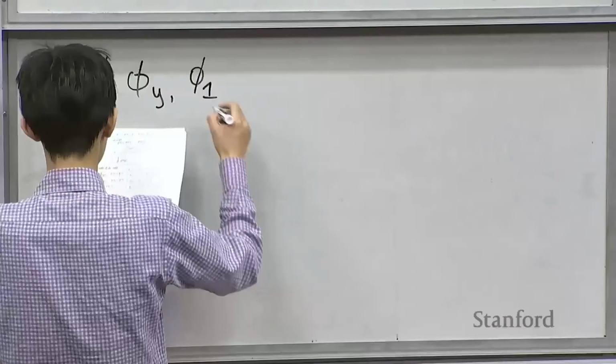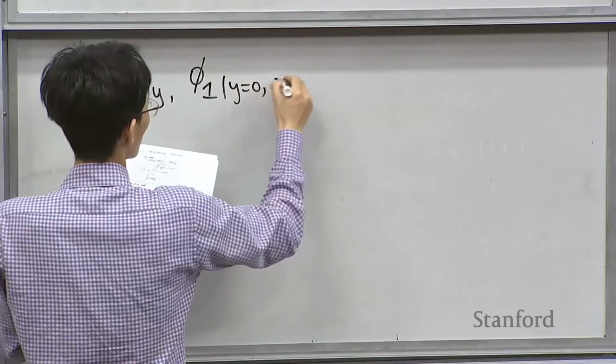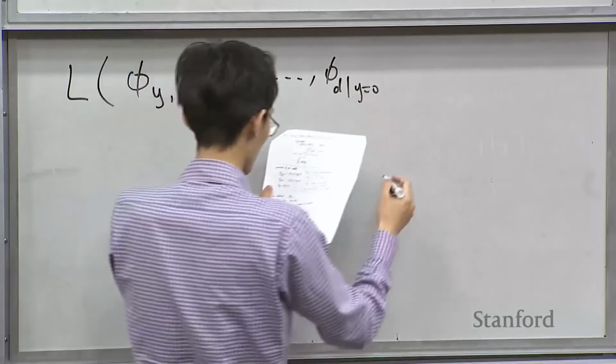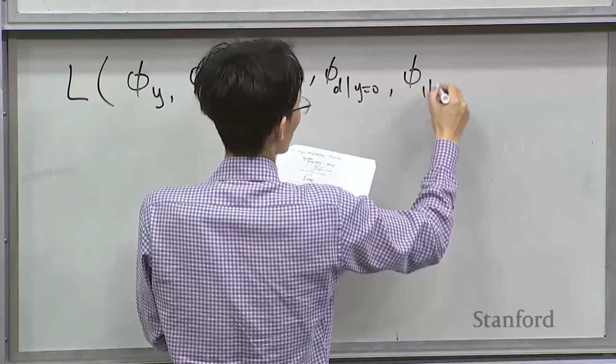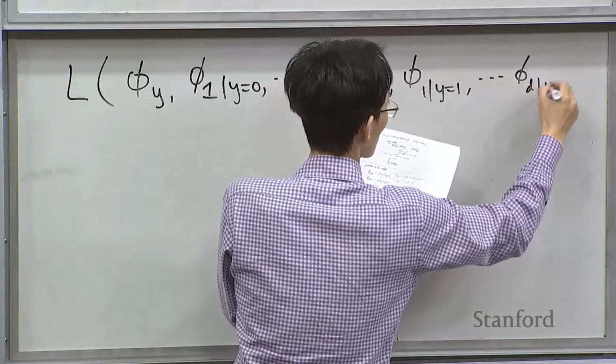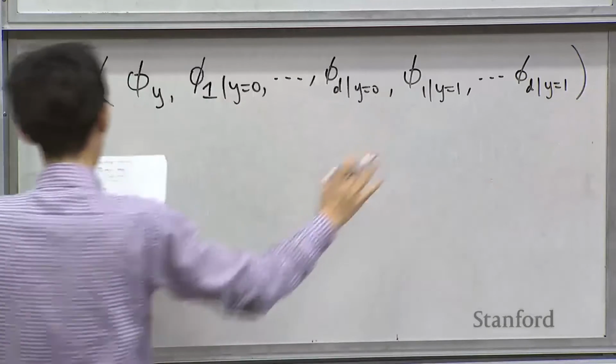So I have phi 1 given y is 0 up to phi d given y is 0, and then phi 1 given y is 1 up to phi d given y is 1. These are all your parameters.